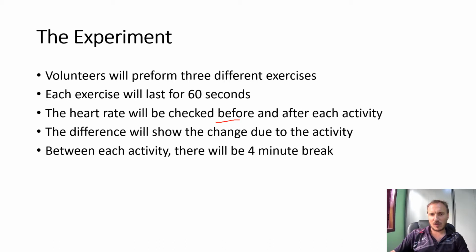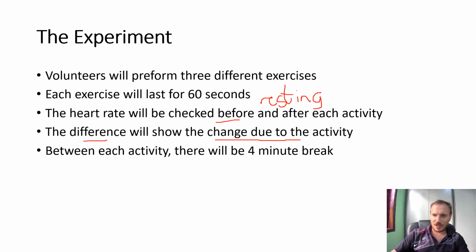Before, we call the resting heart rate, okay? So we need to know what the heart rate is before we begin to exercise. And the difference between the before and after will show the change due to the activity. And then between each activity, there's going to be a 4-minute break where the heart rate can reduce and get back to normal.